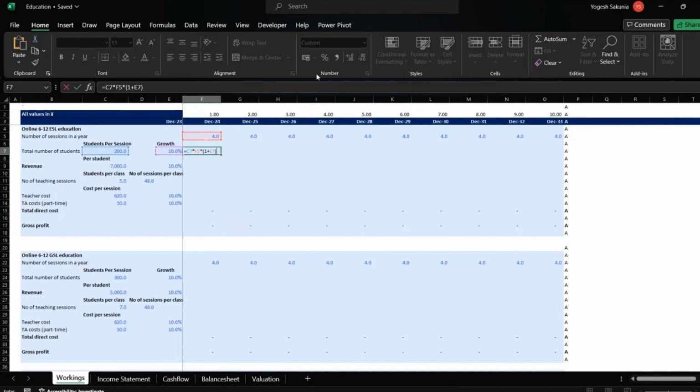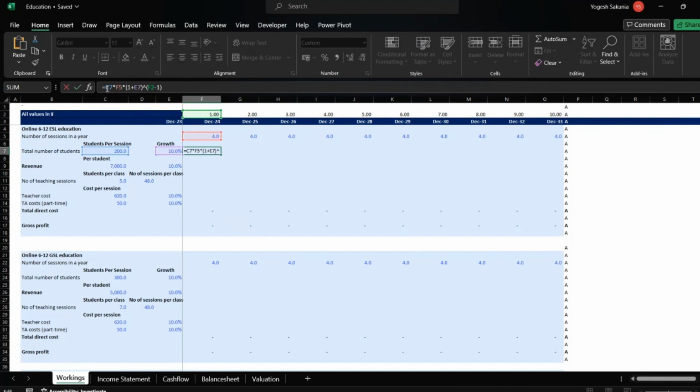So basically we will do power the number of years minus 1, right? So if you see, we've got number of students per session multiplied by the number of sessions multiplied by the growth rate, and power the number of years.